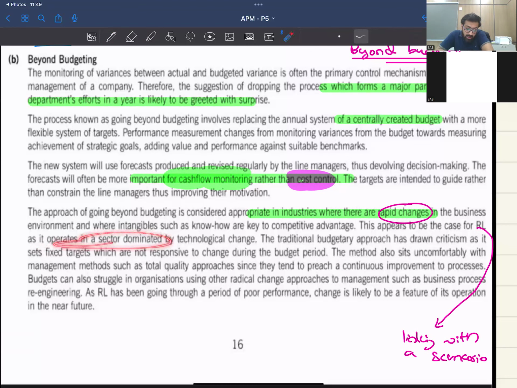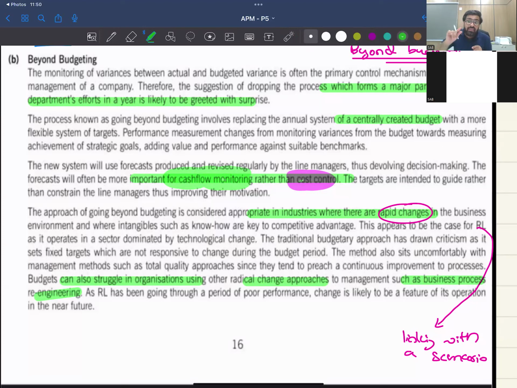It operates in a sector dominated by technological change. The traditional budgetary approach has drawn criticism as it sets fixed targets which are not responsive to change during the budget period. The method also sits uncomfortably with management methods such as total quality approaches and continuous improvement of processes. Budgets can also struggle in organizations using radical change approaches such as business process reengineering. If your business is changing and evolving, then a fixed budget is not the complete solution.